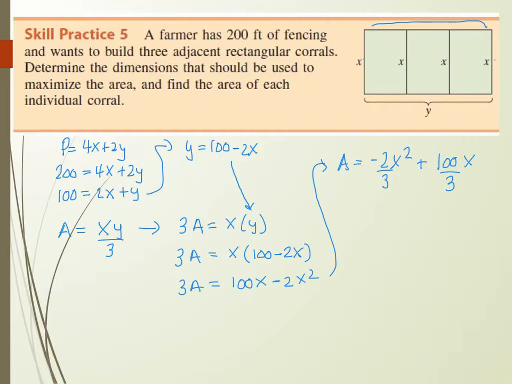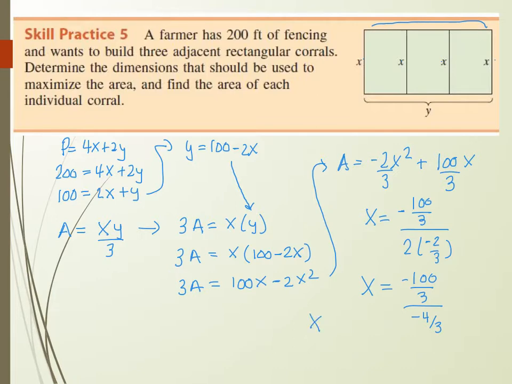Well, you say, how do I do that? Well, remember the maximum area has to be at x equal to negative 100 thirds divided by 2 times negative 2 thirds. So x has got to be, well, we have negative 100 over 3 divided by negative 4 over 3.